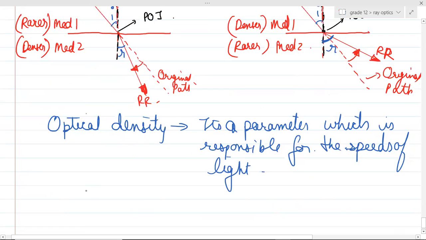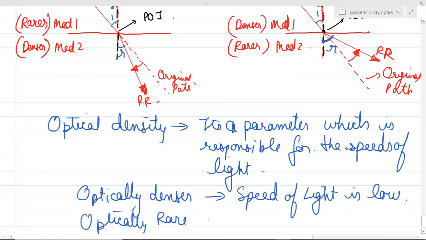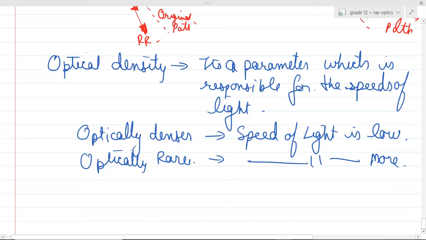A medium is said to be optically denser when the speed of light is low, and if I say optically rarer, that implies the speed of light is more. So in an optically rarer medium, the speed of light will be more as compared to an optically denser medium, right? So there will always be a comparison between two mediums.